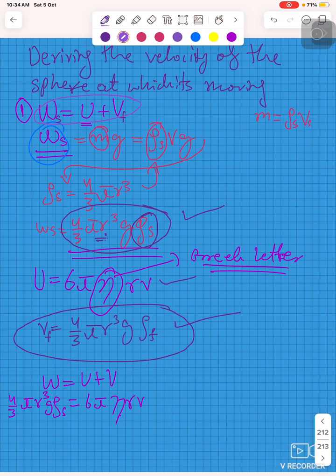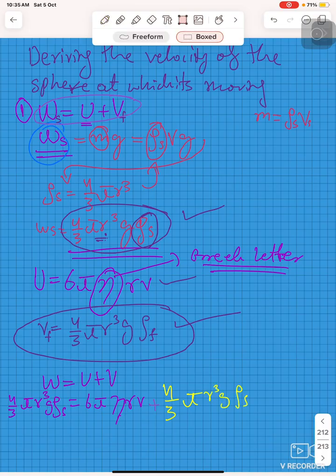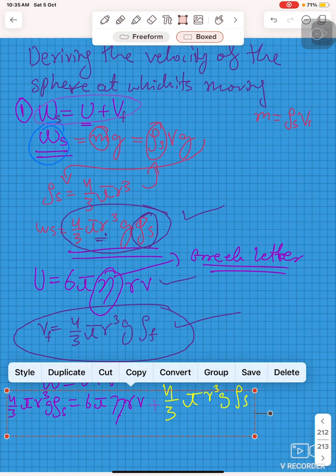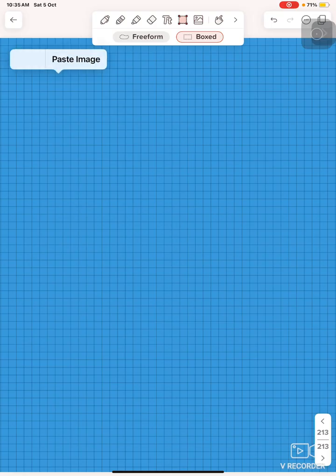This is the upthrust, or the drag force on the sphere, plus the viscous force, which is 4/3 pi r cubed g this. Let me take this whole thing into the next page because I'm not able to fit it here.